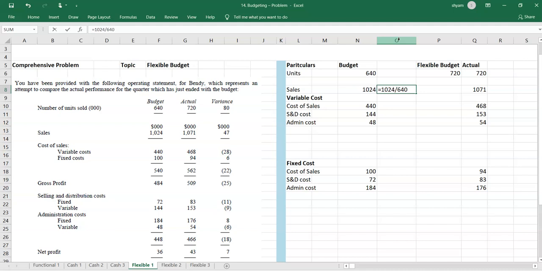But we want it for 720 units, right? So rather than putting it as 1024, we can get this number. So divided by 640 into 720. Let's get the number. This is how it works.